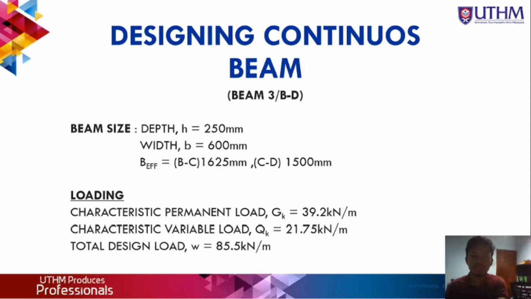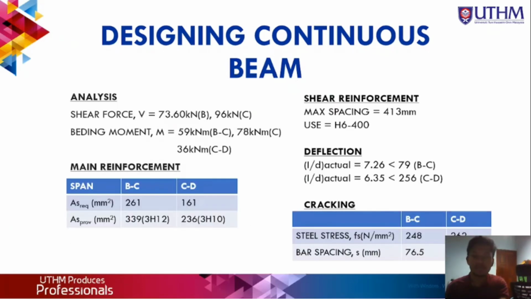For loading, GK is 39 kN per meter, QK is 21 kN per meter, and total design load is 85 kN per meter. For beam reinforcement, for span BC is 3H12 and span CD is 3H10. For the link spacing is H6-400 for both span.